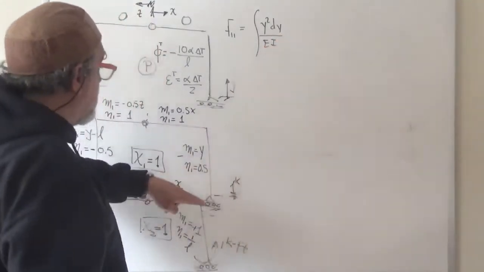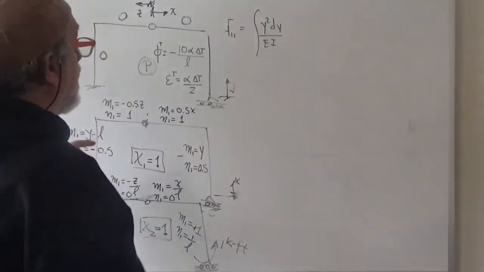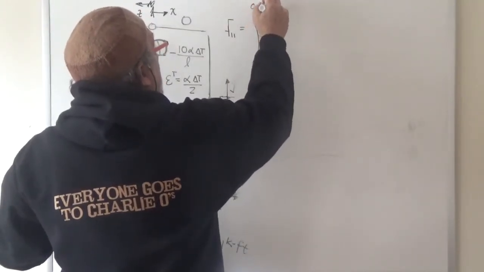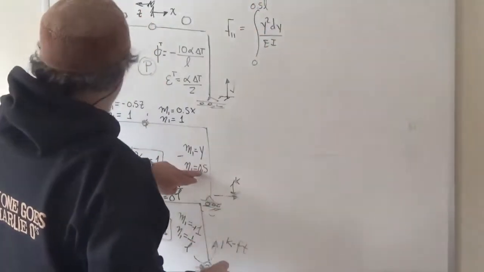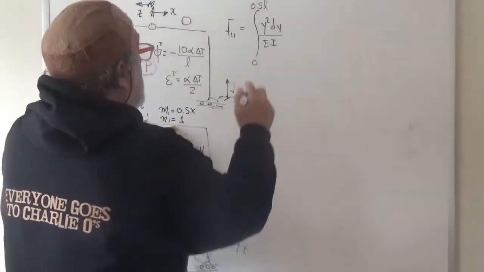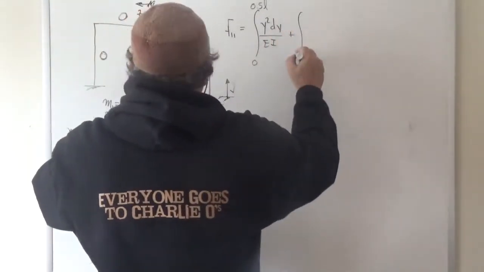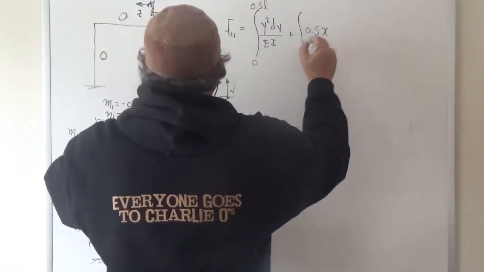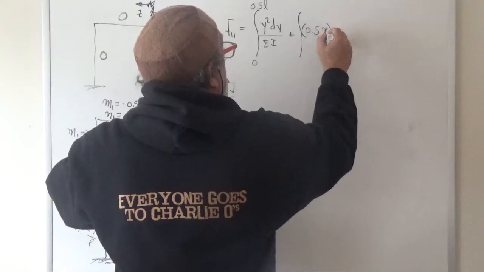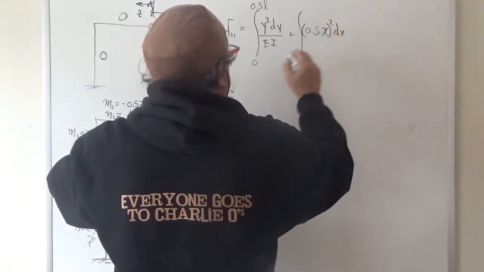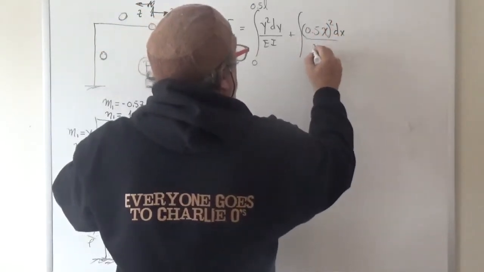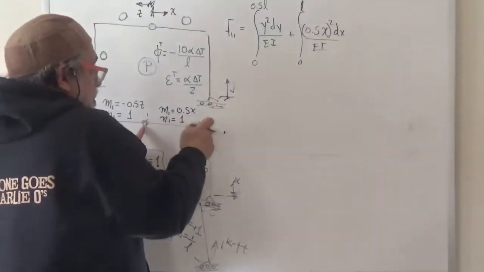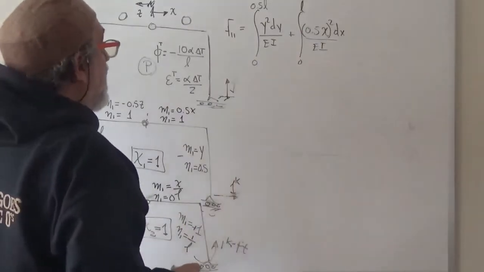Let's assume, of course, that the EI is the same everywhere, from 0 to 0.5 L. That takes care of this bar. Plus the integral of 0.5 x squared times dx, because it's ds, divided by EI, from 0 to L, right? That's from 0 to L, integrating in x.